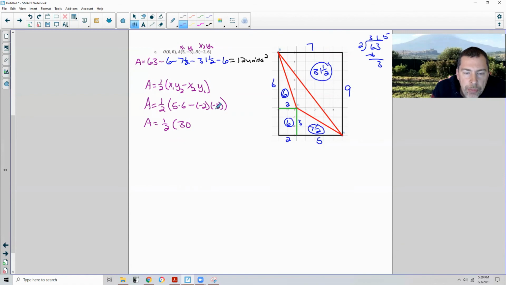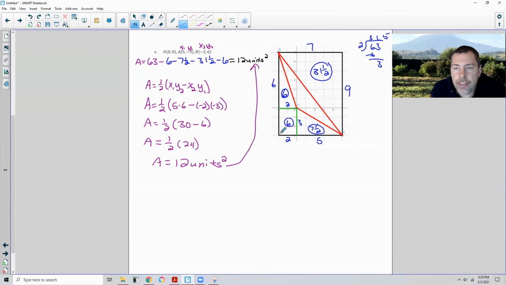Negative times a negative is positive, so it's minus a positive 6. So area equals 1/2 of 24, and lo and behold, the area is 12 units squared. And as you can see, it checks.